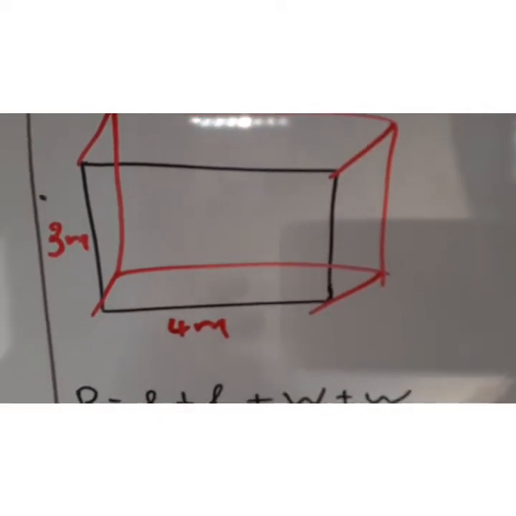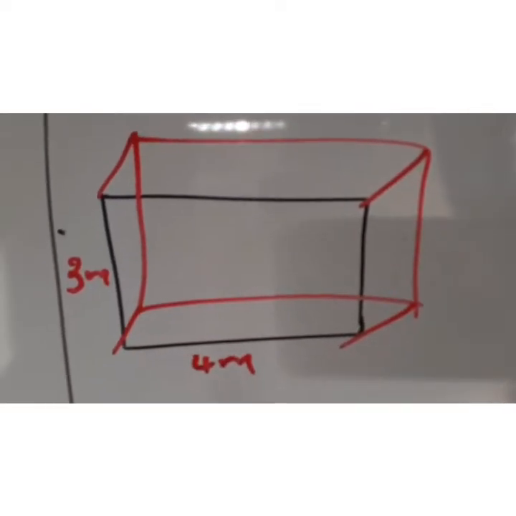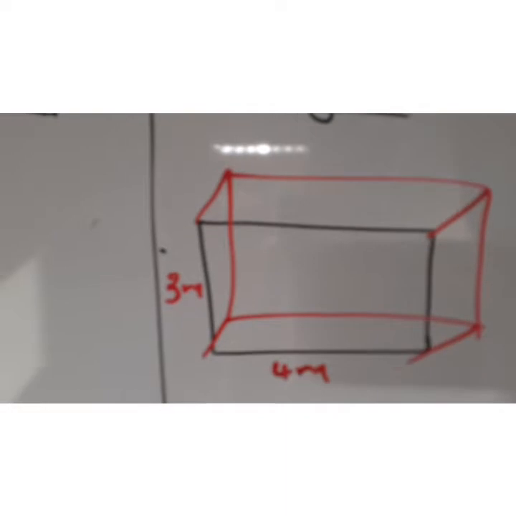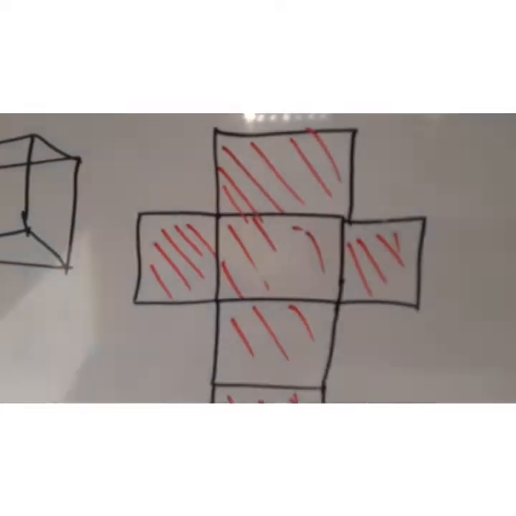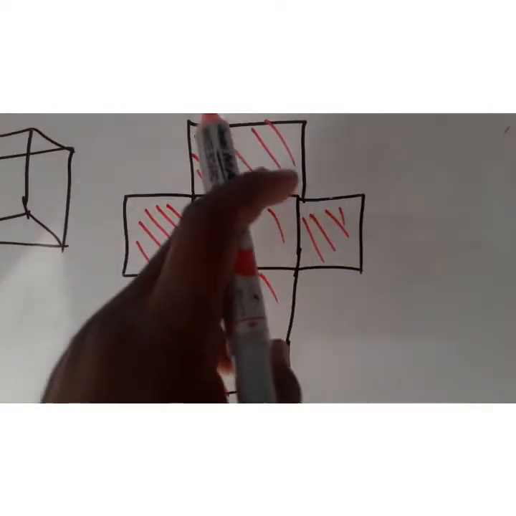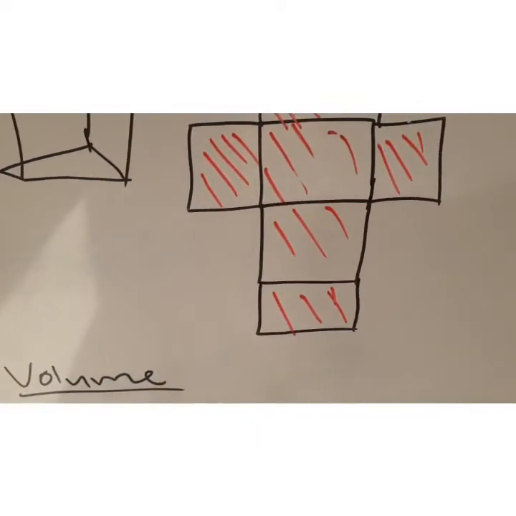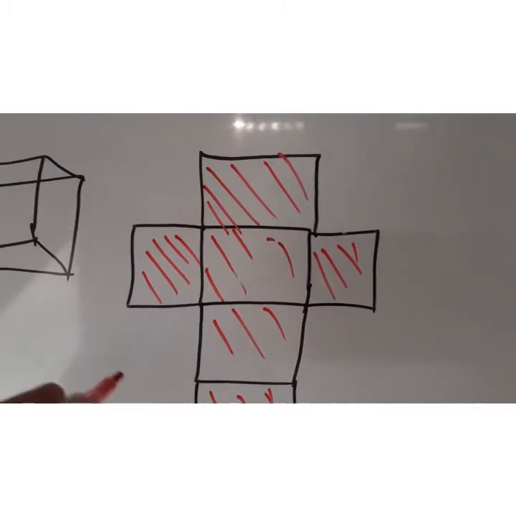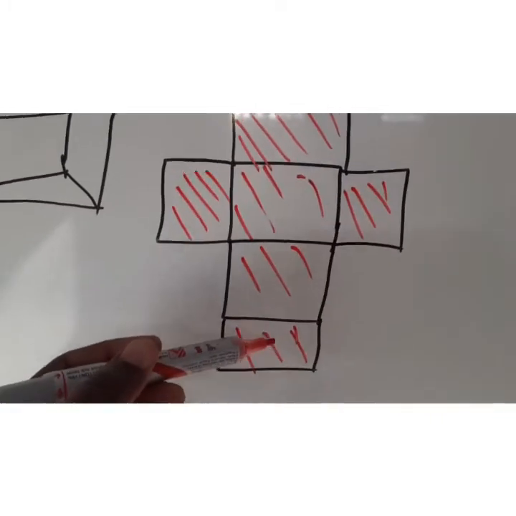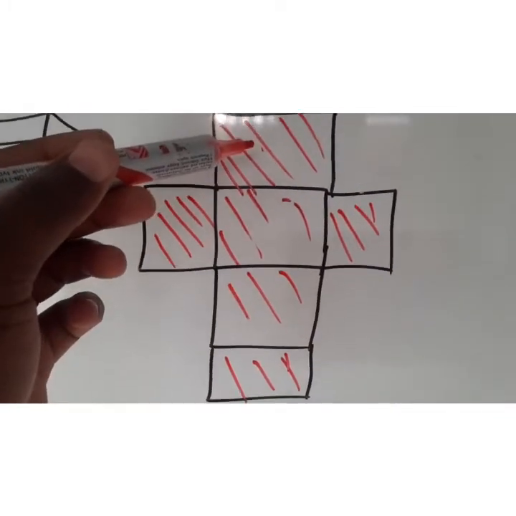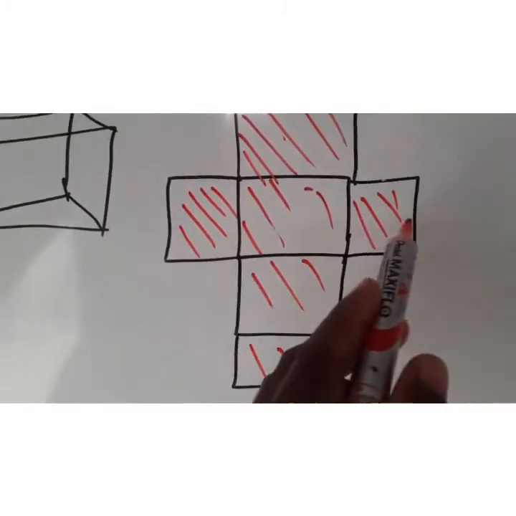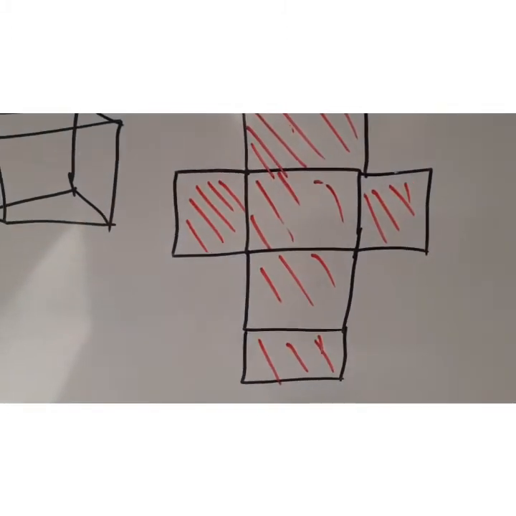Okay, now in order to calculate for the surface area, you must open this up and make it a net like this. Remember, so this is now our net, but you notice they actually give you a weird formula to calculate for the surface area, but you'll realize we have about 1, 2, 3, 4 rectangles and 2 squares there.